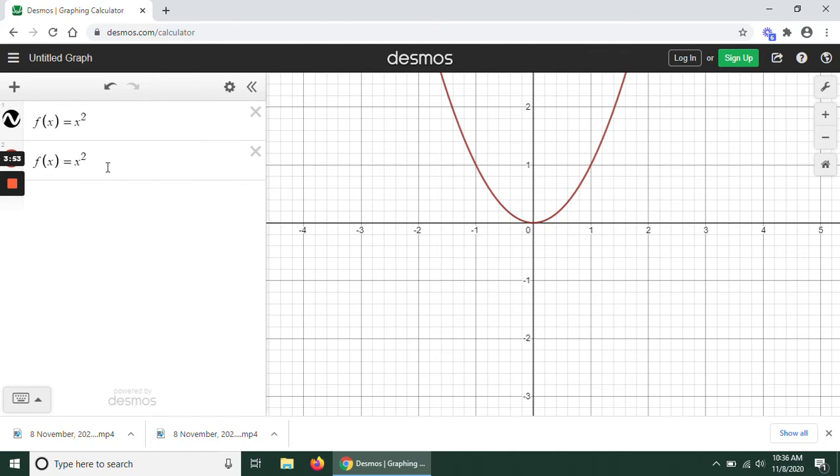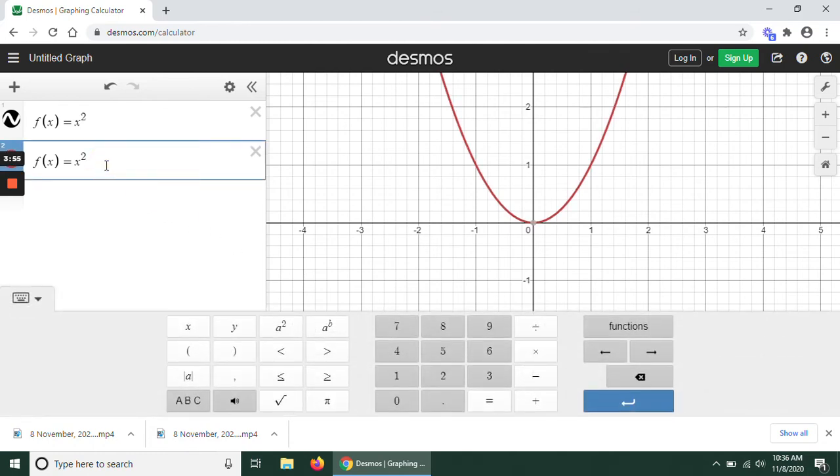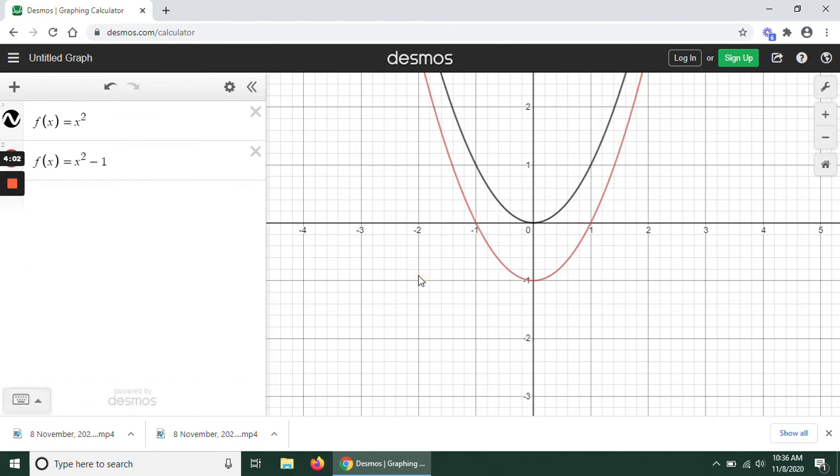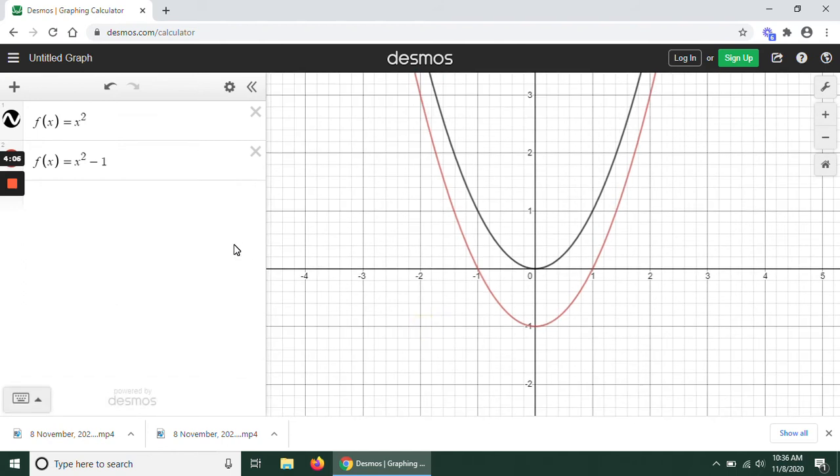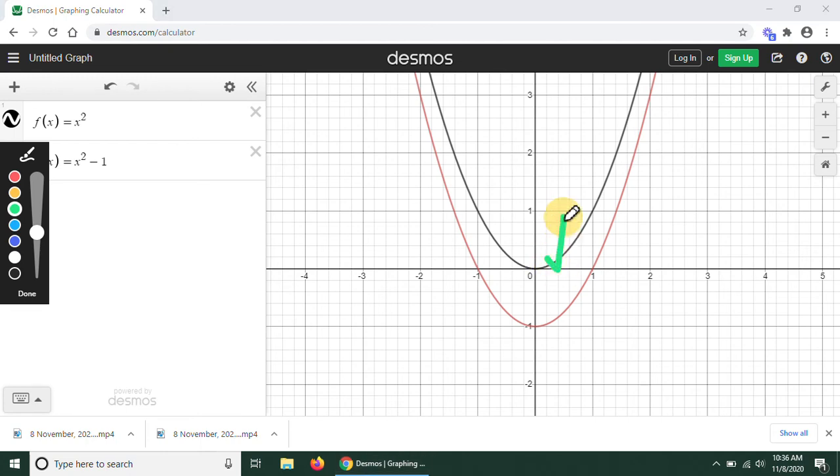So let me write negative 1. All right, as you can see, our parent graph has been shifted 1 unit downwards, or it has been translated 1 unit downwards.